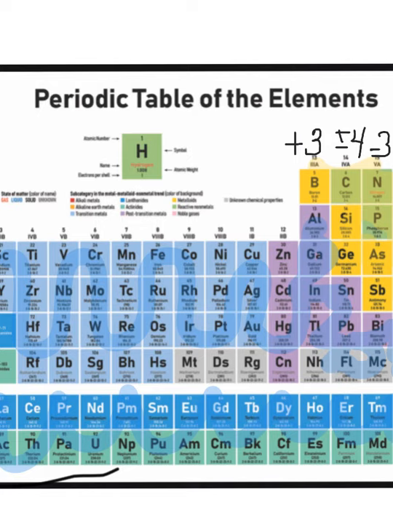And the noble gases have a 0 oxidation, and the reason being is their outer shell, they've reached that p6 electron configuration, where they've maxed out their valence shell of electrons, and they're completely stable. They don't need to have any other electrons, so they're not going to gain or lose.